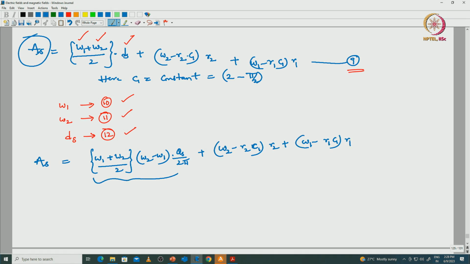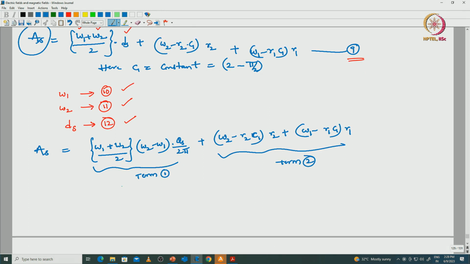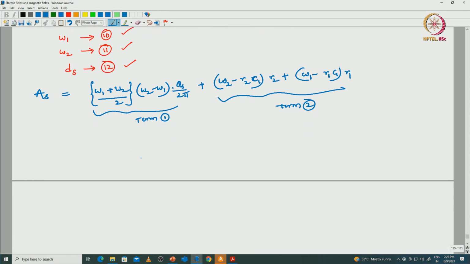Let us consider this is term 1 and term 2. Solve these 2 terms by substituting W1 equals pi by Qs into ds, dis is nothing but inner diameter of the stator, 1 minus gt, gt is a constant, plus 2 into d naught plus r1.